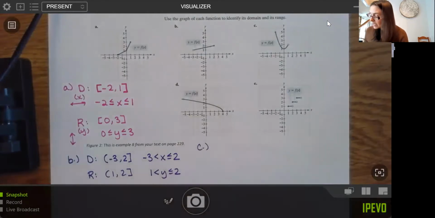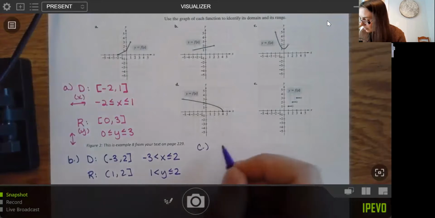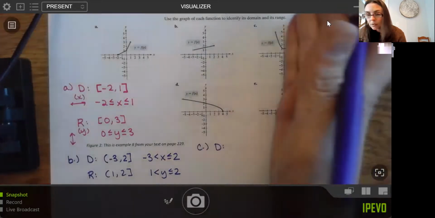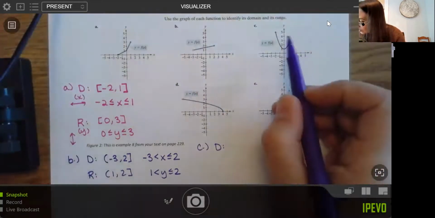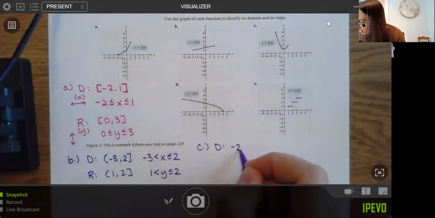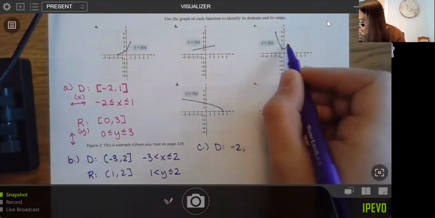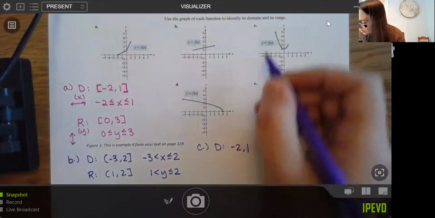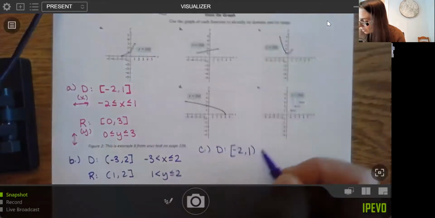Okay. C, we're going to do the same thing. So for domain, again, left to right only. So on the left side, we go all the way to here, which is at X is -2. On the right side, we only go to 1. Now notice that my left side is included. My right side is not.